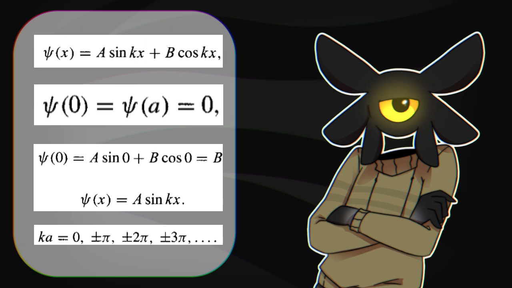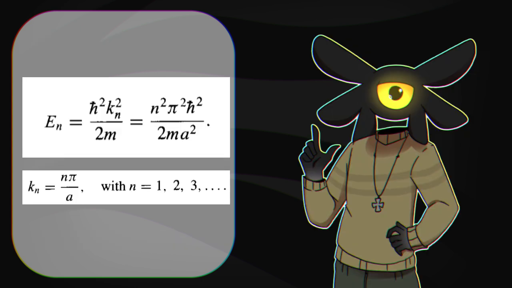But if x is some non-zero constant a, then we can say that the value k times a is some integer multiple of pi, which would satisfy sine(ka) equals 0. Thus, k sub n, for the n possible integer multiples, is equal to n times pi divided by a.